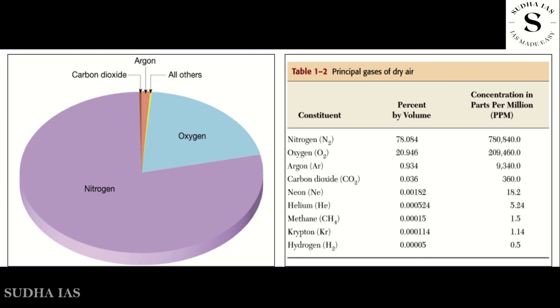The air around us, that is the ambient atmosphere, is mostly gases along with suspended particles, microorganisms, etc. While nitrogen makes up around 78% of air by volume, oxygen, on the other hand, is about 21%, followed by argon, carbon dioxide, and small amounts of other gases.